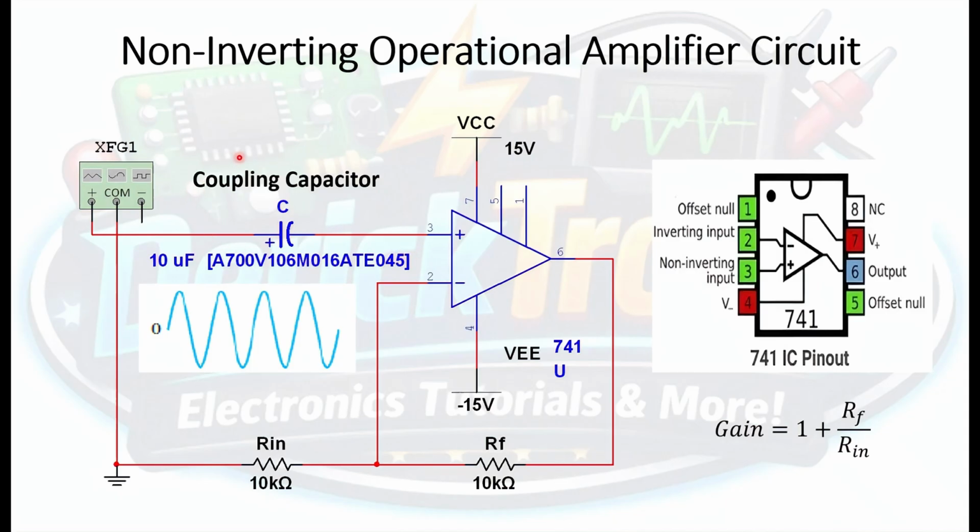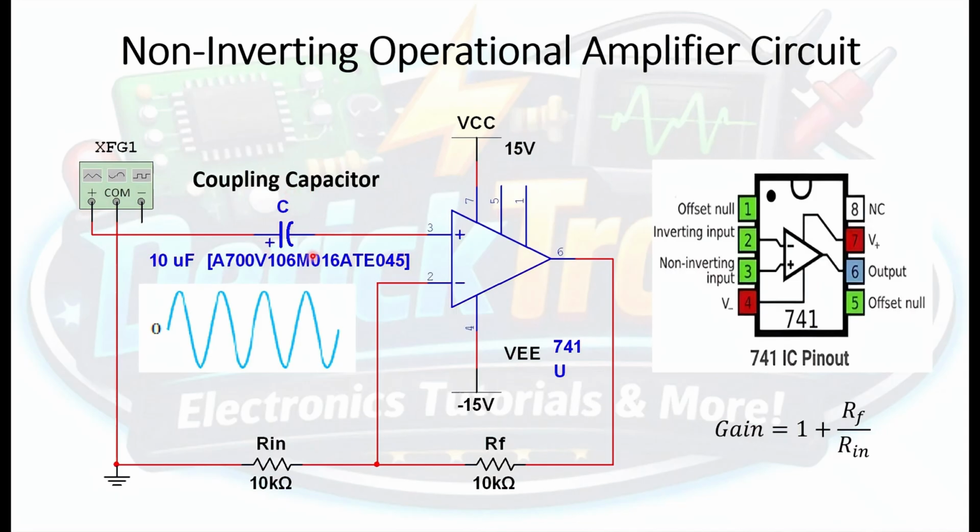In the inverting op-amp circuit, we connected the capacitor in series with our input resistor, and that branch was connected to the inverting input, pin number 2.